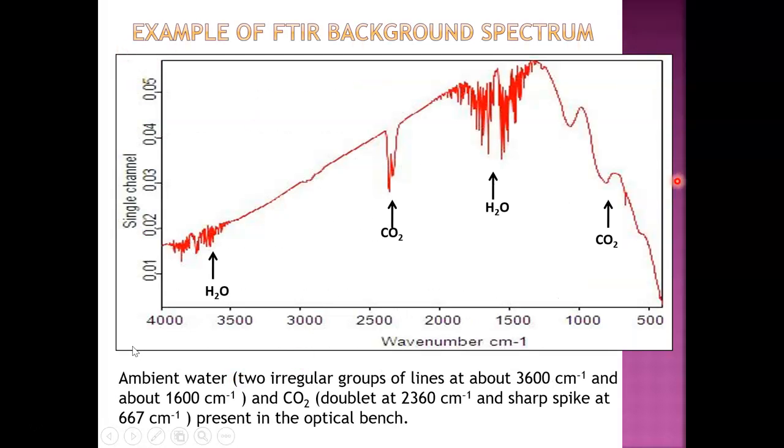Okay, this is an example of a background spectrum. If we run a background spectrum, we have ambient water, with two peaks around 3600 and 1600 due to the water, one stretching and one bending.